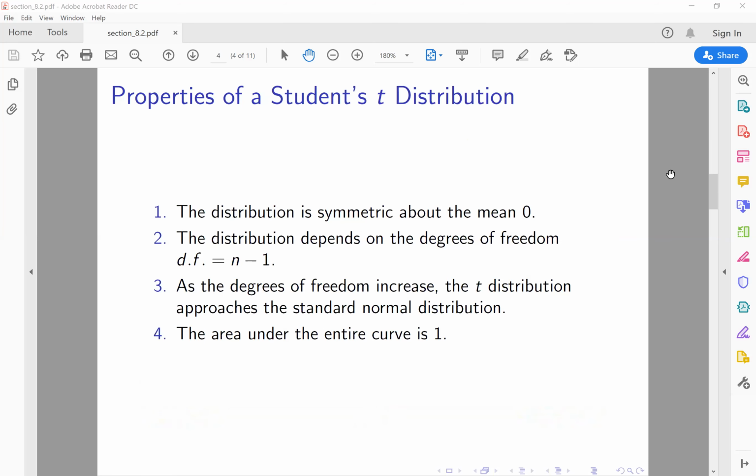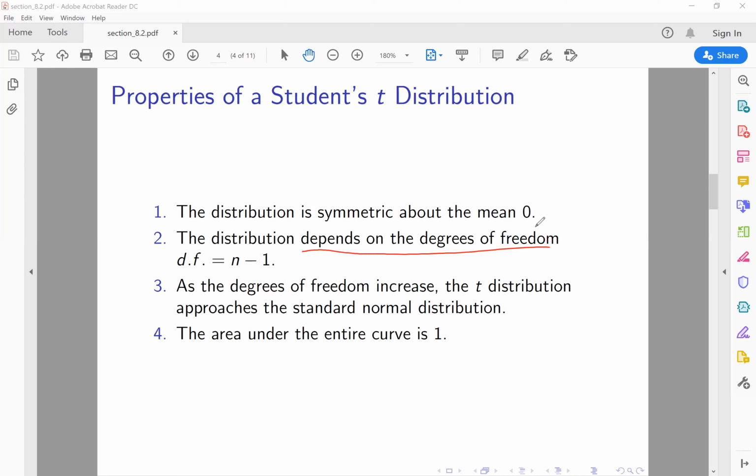So this summarizes many of the things that you'd want to know about the t-distribution that we just talked about. It's symmetric about the mean. There are a lot of t-distributions now. There's infinitely many. In fact, there's one for every sample size. So you see, it depends on the degrees of freedom. So there's a t-distribution with 1 degree of freedom, 2 degrees of freedom, 3 degrees of freedom.